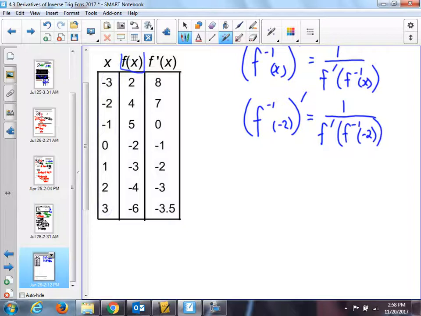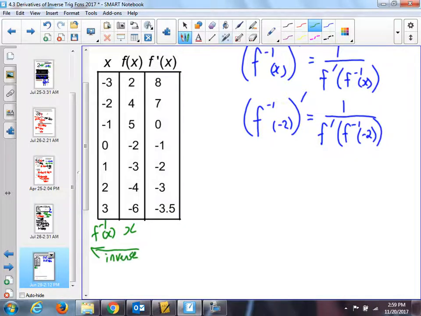Underneath this, if you see a chart like this, I suggest you write underneath this: if the inverse, you know how you reverse things on the inverse function? You see how the x and the y's are, right? Think of it this way.